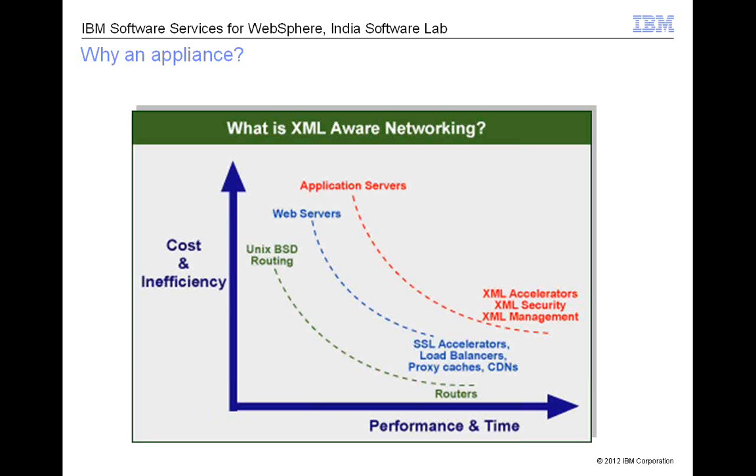If you see historically, we used to have software solutions for very basic capabilities like routing. We used to have Unix BSD routers sitting in Unix servers doing routing, right? But then that particular capability of a software component became so commoditized that it made a lot of sense to bring routing capabilities into a device.